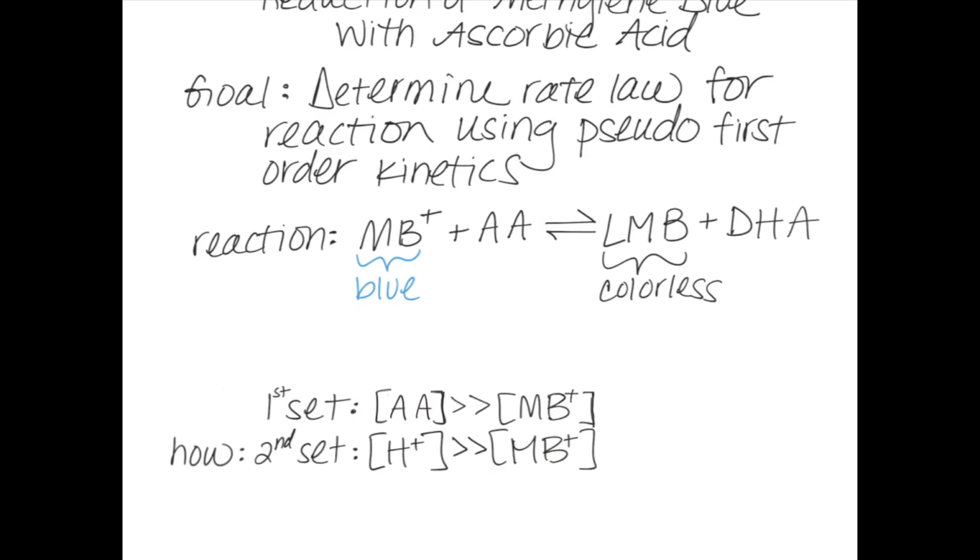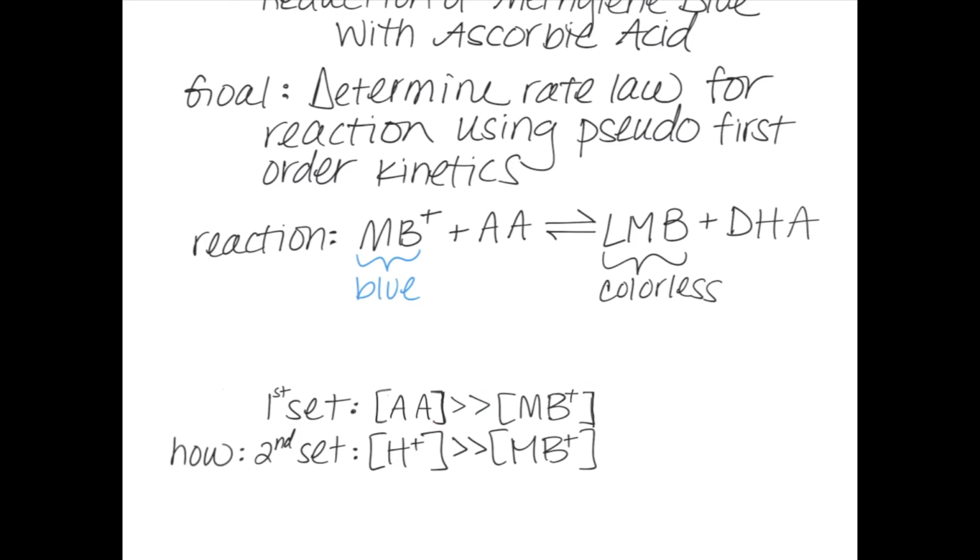All right, how is this going to be accomplished? Because we have three different concentrations that we are analyzing and how they affect the rate of the reaction, we're going to do that by first having a first set of runs in which ascorbic acid is much larger in concentration than methylene blue.